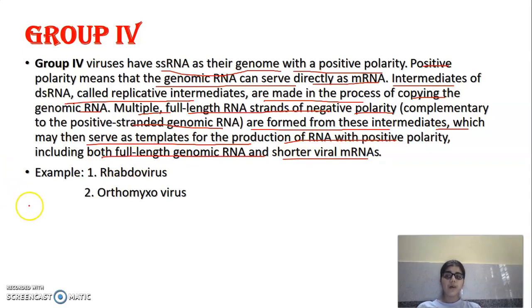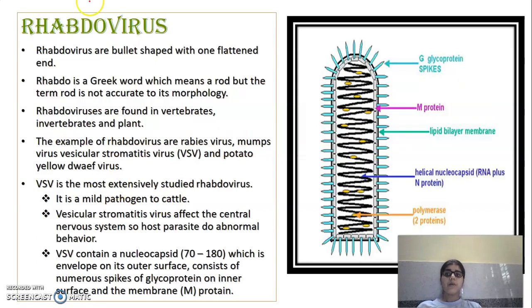Examples of group 4 viruses are rhabdovirus and orthomyxovirus. Rhabdoviruses are bullet-shaped with one end flattened like this. This end is flattened and the upper one is a bullet shape.